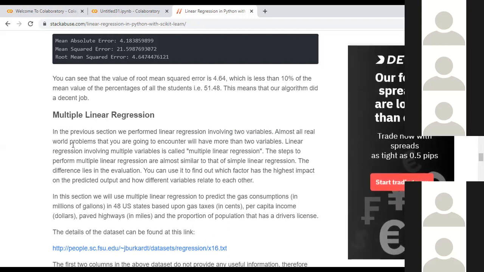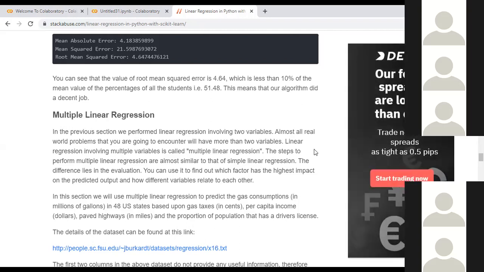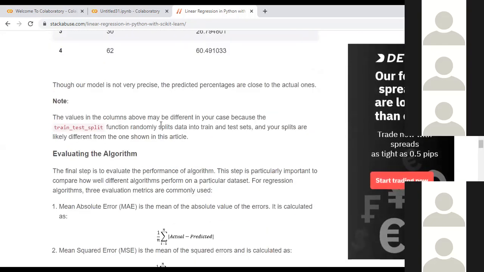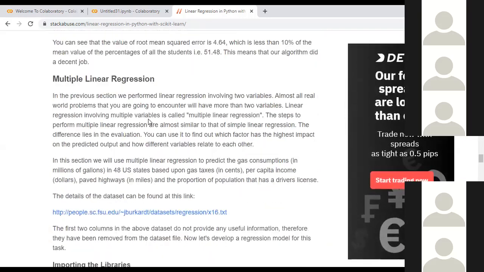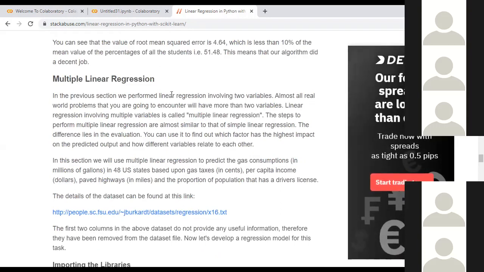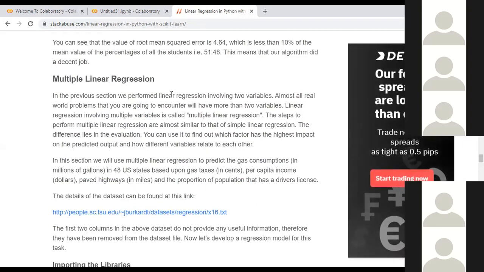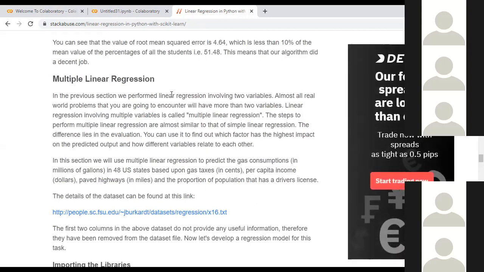And almost all the real world problems you are going to encounter will have more than two variables. In supervised machine learning, in real time problems, we are dealing with multiple linear regression, not with simple linear regression. When we want to establish a linear regression model, we basically implement multiple linear regression, not simple linear regression.